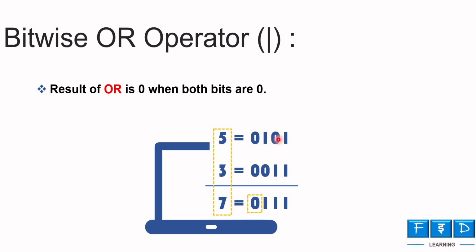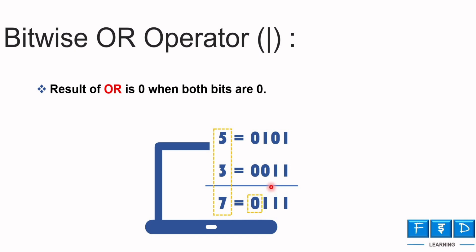Here the first bit is 0 but the second bit is 1, so the resulting bit is 1. In the second position, the first bit is 1 and the second bit is 0, so the result is 1. But in the first position, both bits are 0, so the resulting bit is also 0. It means the result of OR is 0 when both bits are 0, or else the result is 1.